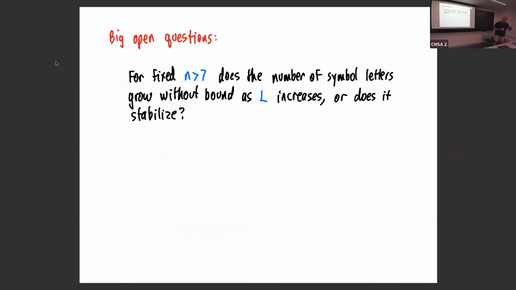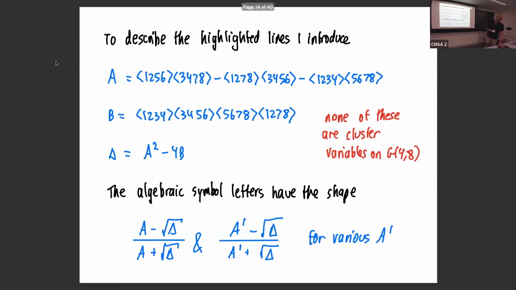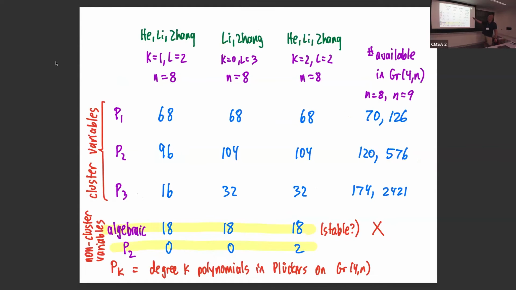So, big open question number one is, if we fix n, does the number of symbol letters grow without bound as L increases, or does it stabilize? So if I start doing 4, 5, 6, 7, 8 loop calculations, will this number grow to saturation? Will I start to see higher degree polynomials in Plücker coordinates?